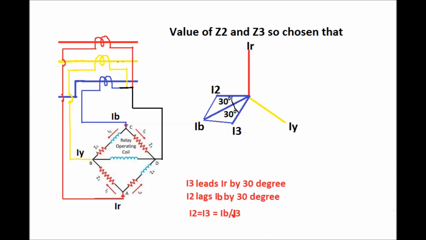I3 will lead IB by 30 degrees, and I2 will lag IB, that is the blue phase current, by 30 degrees. So I3 will lead I2 by 60 degrees. Since I2 and I3 are 60 degrees apart and their magnitudes are equal, the value of I2 is equal to I3 is equal to IB by root 3, since IB is the vector sum of I2 and I3.